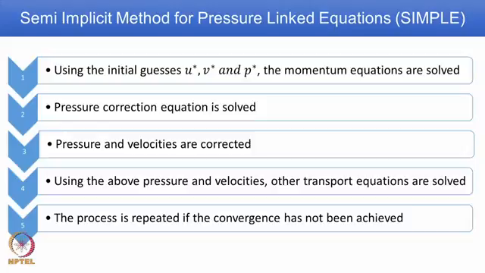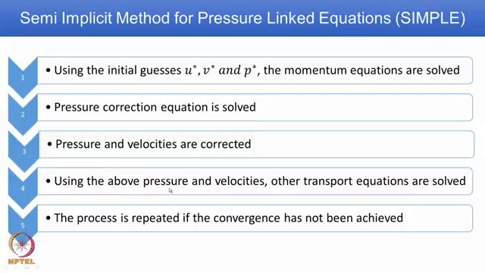So, if I put all the steps in one slide, we start with initial guesses for u star, v star, p star. The momentum equations are solved, the pressure correction equation is set up and that is solved. From that step you get p prime, and that is used to obtain pressure as well as velocity.